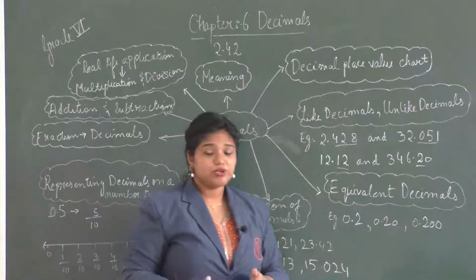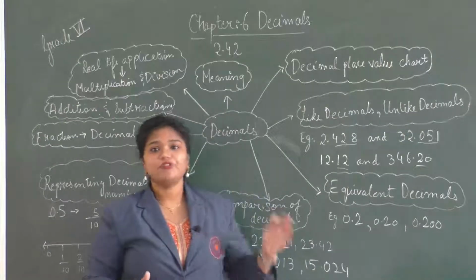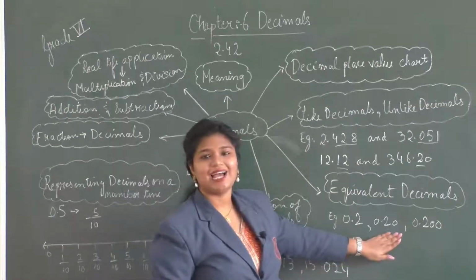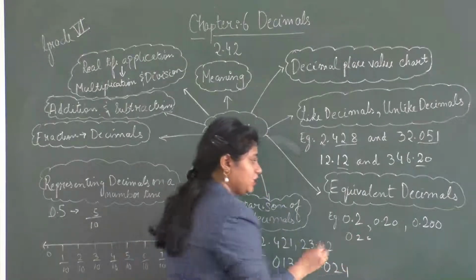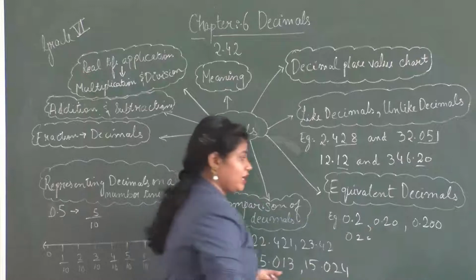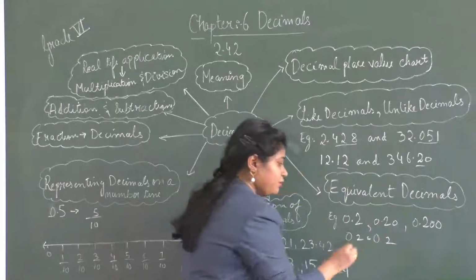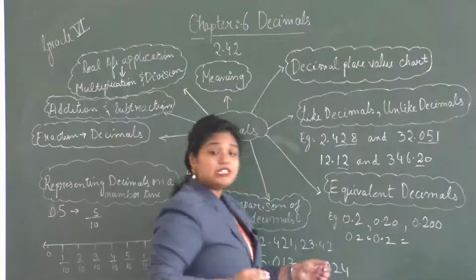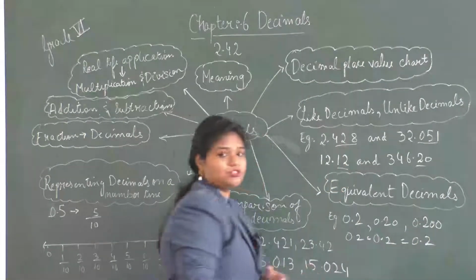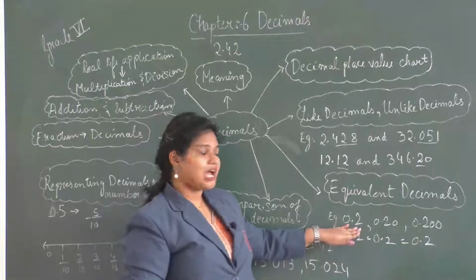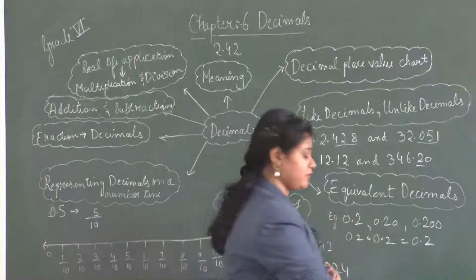Now if the 0 is placed towards the right of a number, that is towards the end, that has no value. So this means 0.20 can also be written as 0.2 and 0.200 can also be written as 0.2. So that's why we say that these are equivalent decimals.